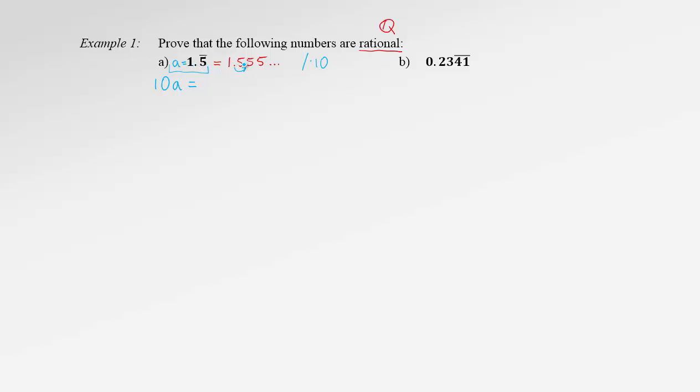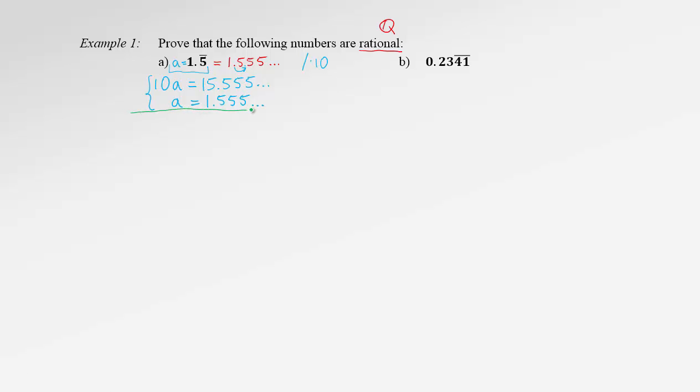So the decimal dot will be after the repeating sequence. We'll have 15 point and then 5, 5, 5 forever. Now let's rewrite the original equation underneath. That was a equals 1.555 forever.